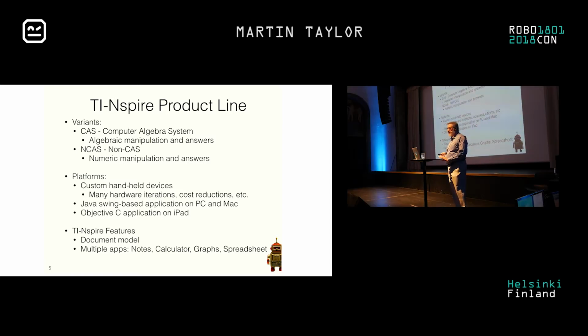The platforms: as a calculator manufacturer, they have custom handheld devices that are TI Inspire CAS and non-CAS devices, and within that, many different hardware iterations, as they go through cost reductions and those kinds of things. They also have the same application running as a Java Swing application on PC or Mac, and an Objective-C implementation that runs on the iPad.